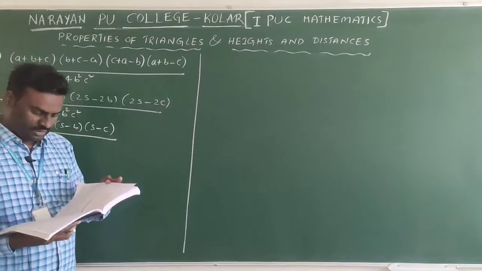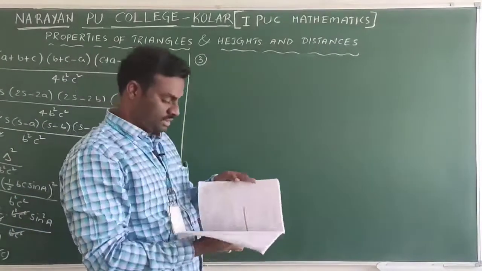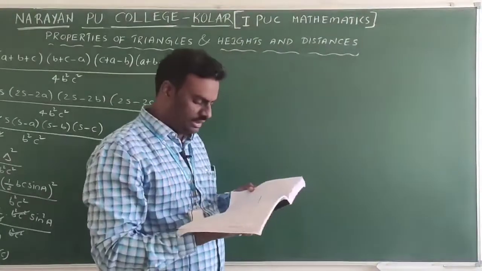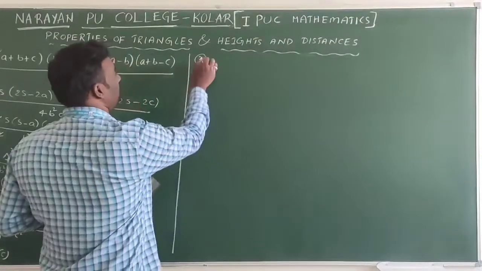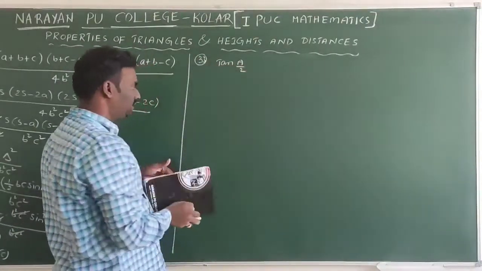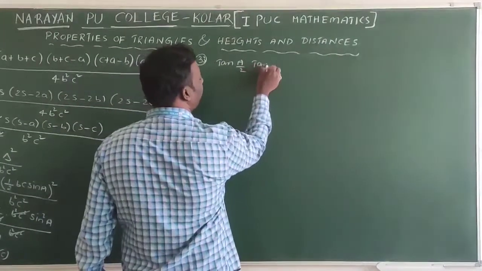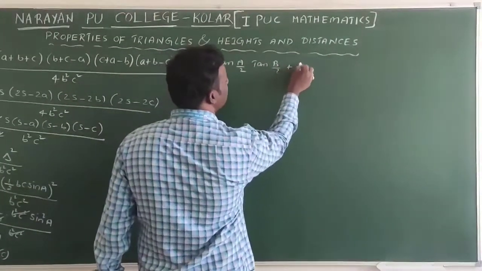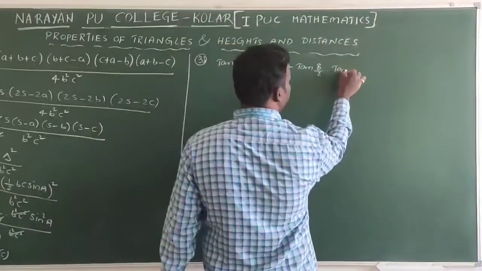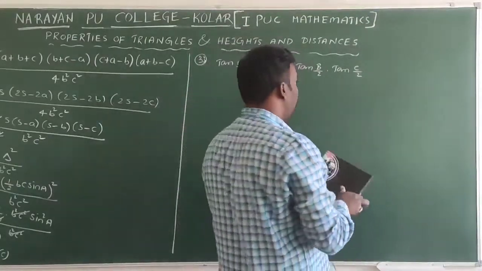Next, 33. In 33, in triangle ABC, tan A by 2 into tan B by 2 plus tan B by 2 into tan C by 2 equals 2 by 3.